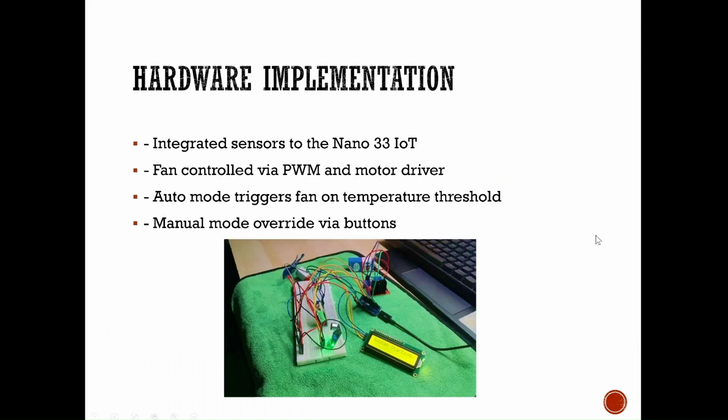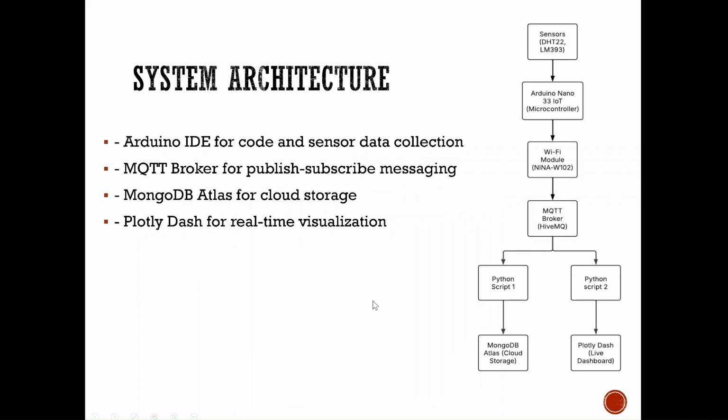So let's move to the hardware implementation. I integrated the sensors to the Nano 33 IoT, and this is the overall system I have implemented. And talking about the system architecture, I've been using Arduino IDE for the sketch making and sensor data collection, and an MQTT broker, HiveMQ, for publishing and subscribing to topics for the environmental data such as noise, temperature, and humidity.